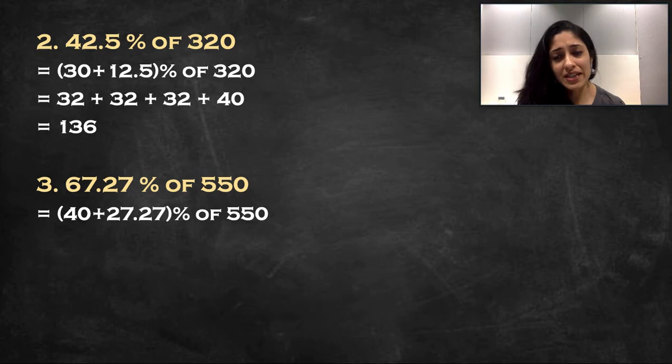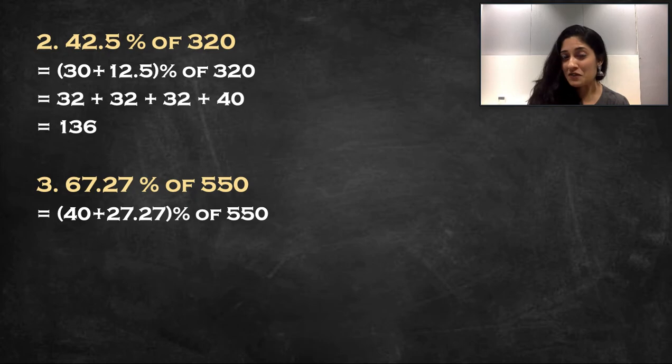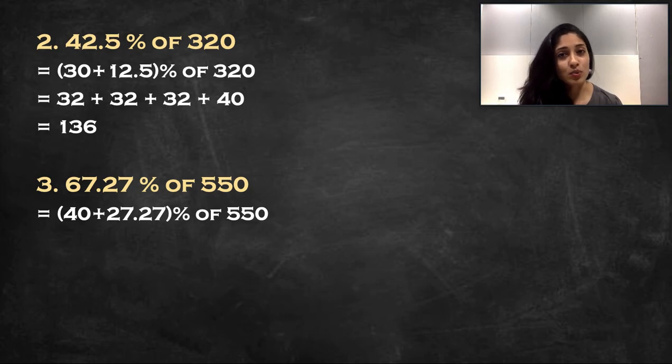So looking ahead, 40% of a number. Now we know 40% of a number is 4 times 10%, right? So 55, 55, 55, 55, that's 4 times. And 27.27% of a number we just saw is 3 by 11th of a number. Now 3 by 11th of 550 is a much easier calculation.